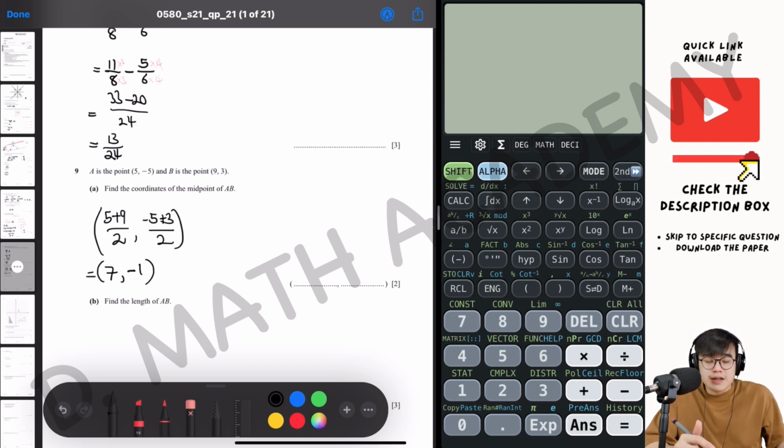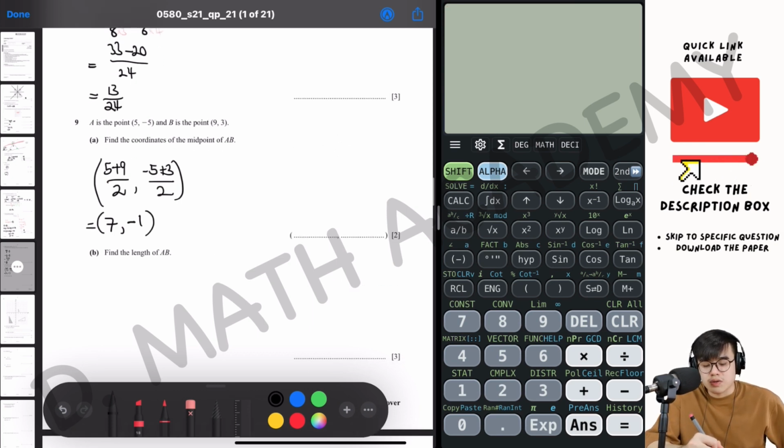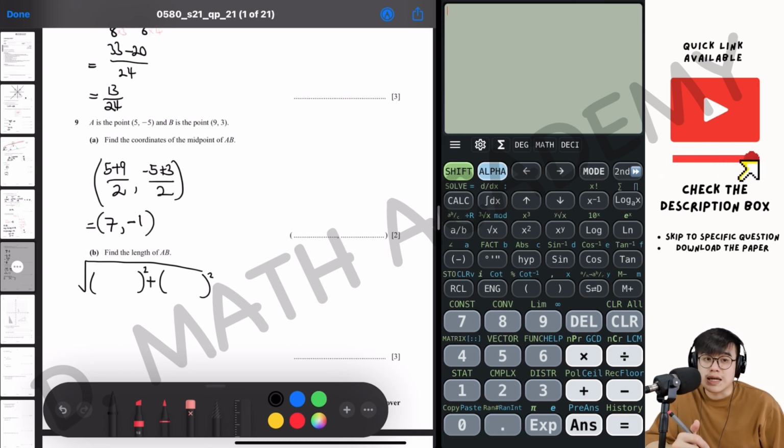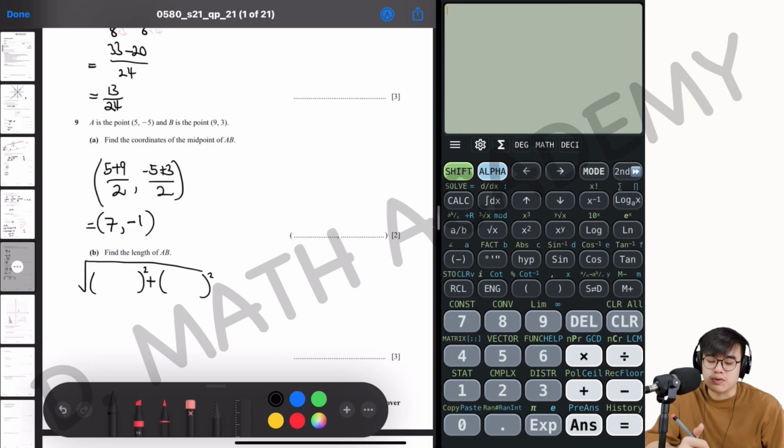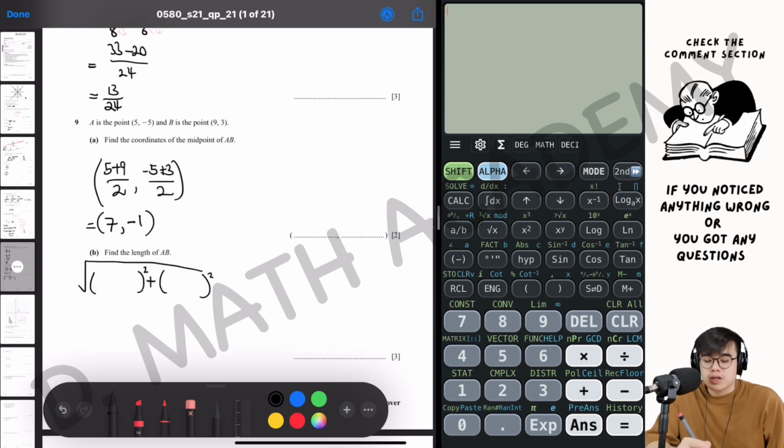For identifying the length of AB here, there is a way for you to memorize it. It's very similar to what you have in your gradient formula, just that there's a plus in between and also a square there. It's optional for you to write x or y first if you want to utilize the concept that you learned in gradient.